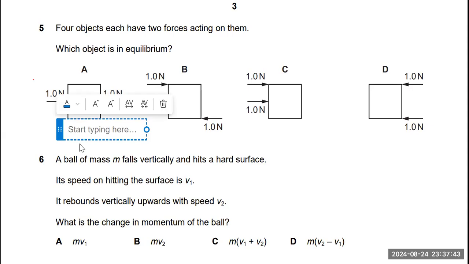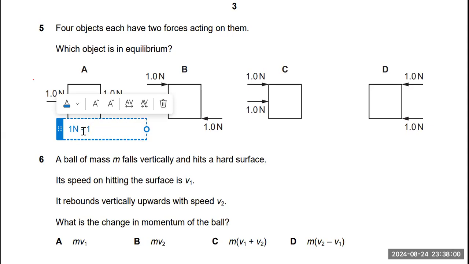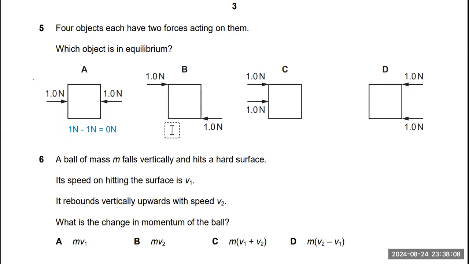In the first option, 1 Newton force is acting in the right direction, and 1 Newton force is acting in the left direction. So the sum will be subtracted, 1 and 1. The resultant will be 0.